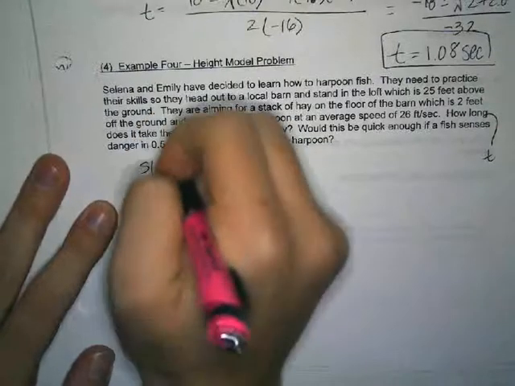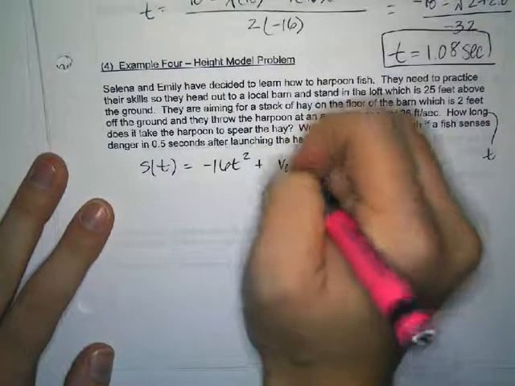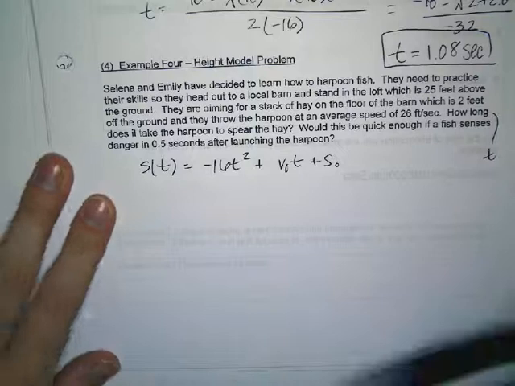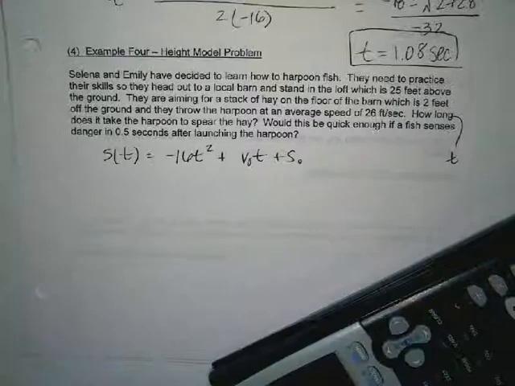So I'm going to go ahead and write that out before I plug in anything. And then let's look at some variables. So now S of t. S of t is where I want this harpoon to end up. Justin, where do I want this harpoon to end up? What height?